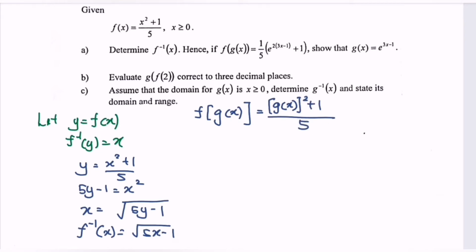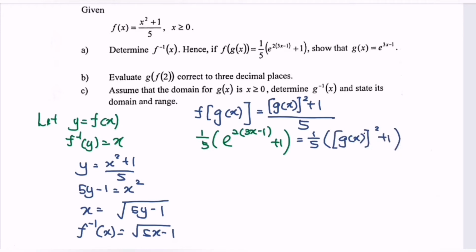Next, we compare the situation. So we have 1 over 5 times (e to the power of 2 times (3x minus 1) plus 1) equals, again, 1 over 5 times (g(x) squared plus 1).